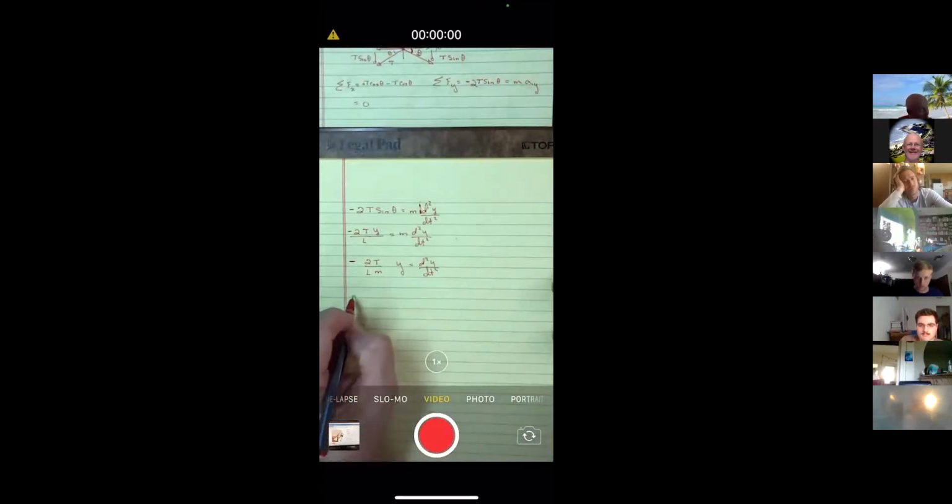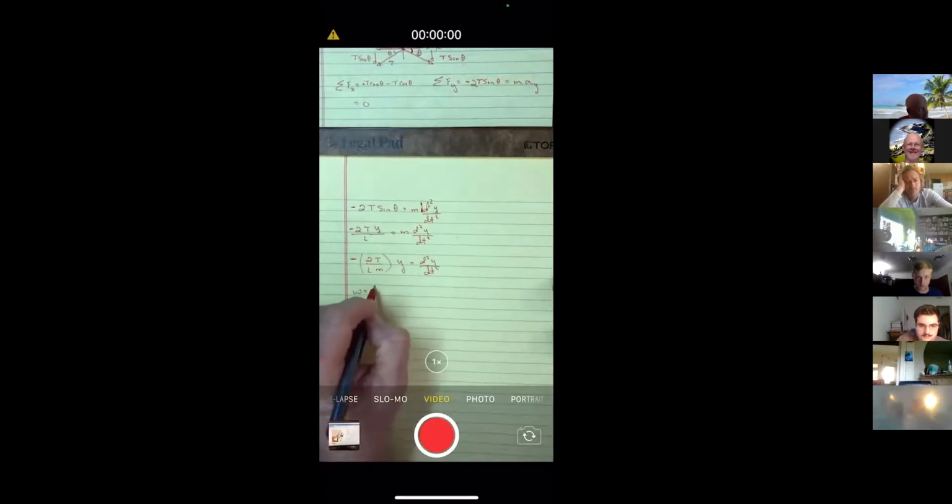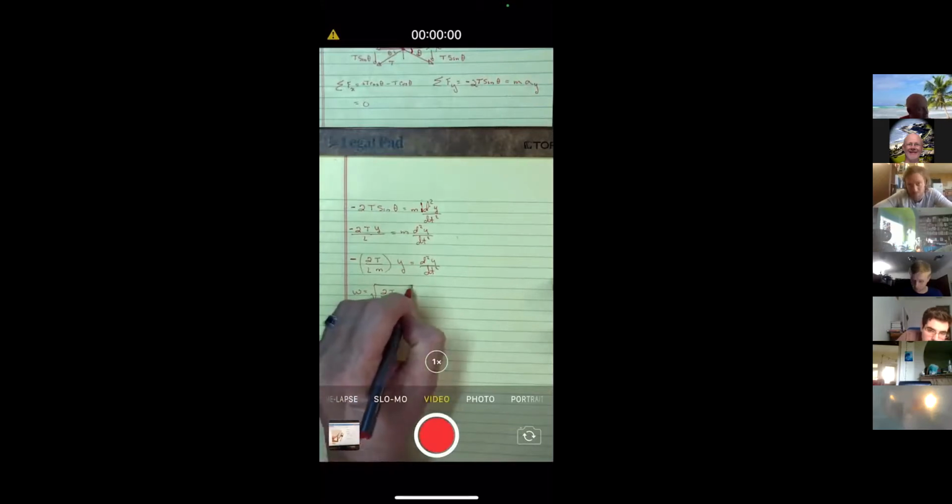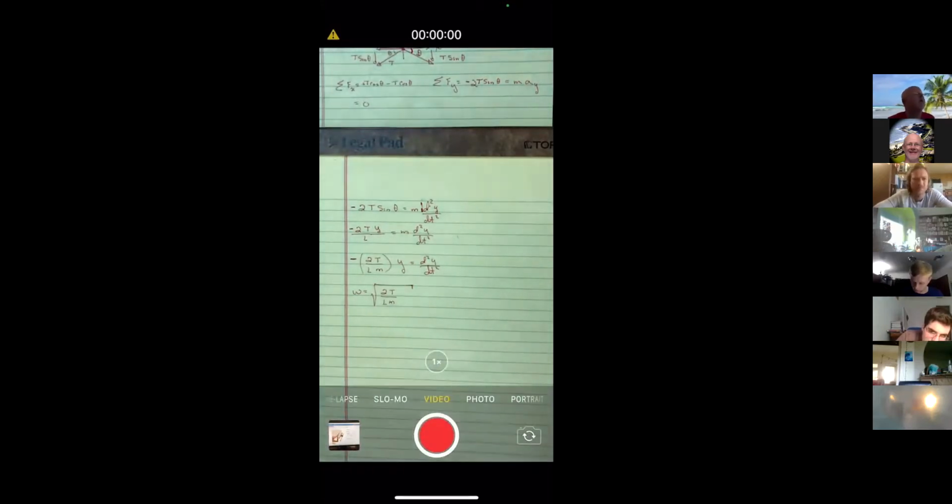And it also shows then that the angular frequency would be the square root of the stuff out in front. And I think that was the problem for A. The restoring force, oh, I went too far. I actually answered B. The system exhibits simple harmonic motion and has an angular frequency of.